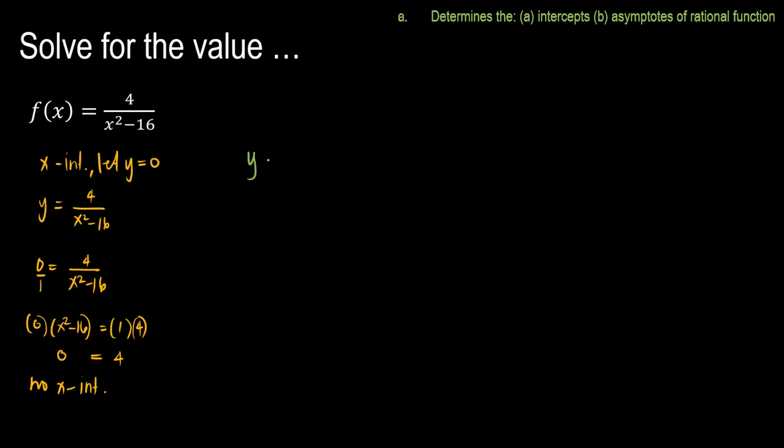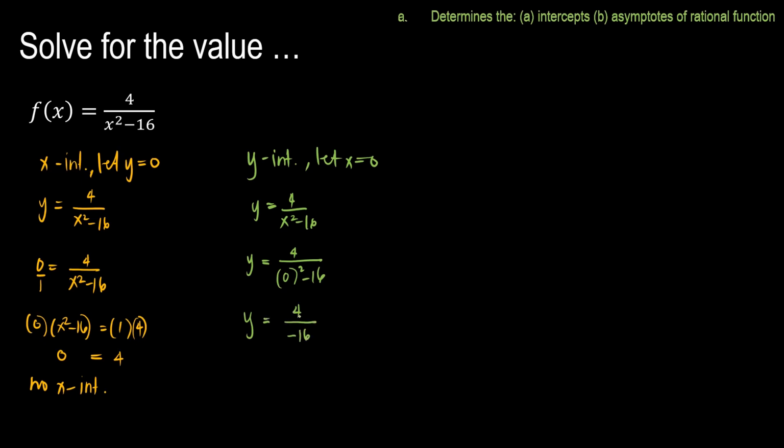Okay, next. Let's get the y-intercept. So for us to get the y-intercept, again, we're going to let x is equal to 0. Since we have the function f of x is equal to 4 all over x squared minus 16, we can write as y is equal to 4 all over x squared minus 16. So let x is equal to 0. So let's just substitute. So we have 0 squared minus 16. Y is equal to 4 all over negative 16.